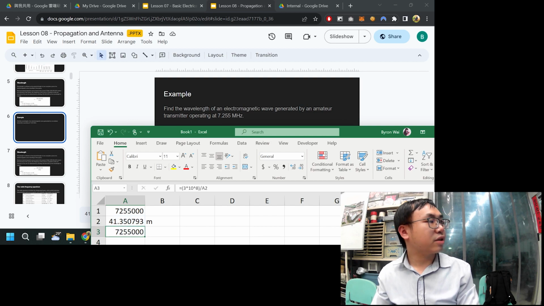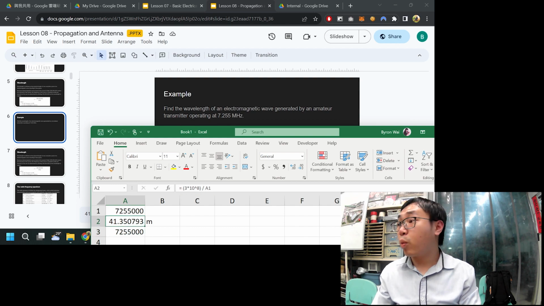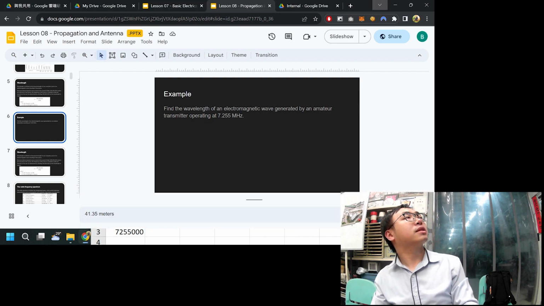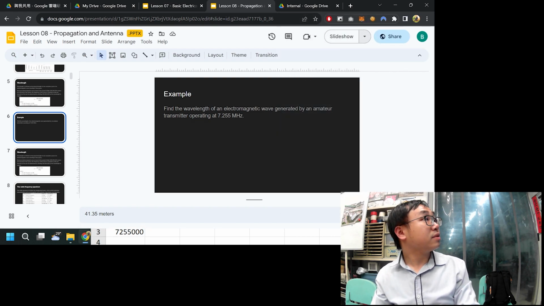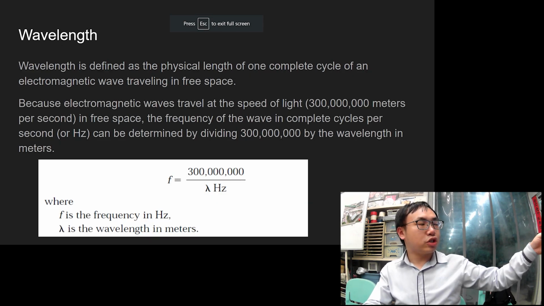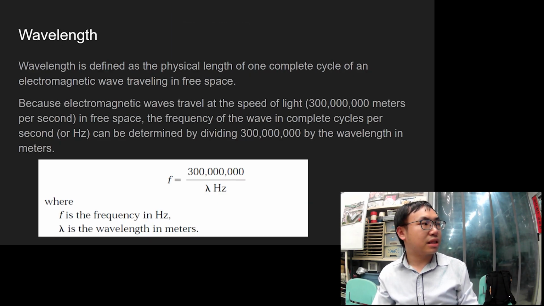So you will get the frequency from wavelength. Speed of light divided by the wavelength will become frequency. So I didn't make a new equation for you. You can just swap the f and lambda. This is lambda. If you see the lambda, you will know it is wavelength in meter.